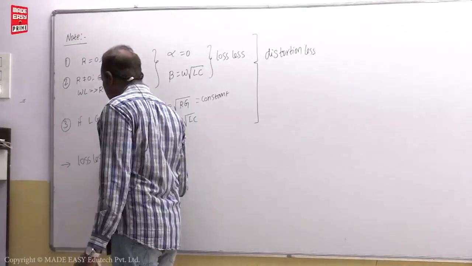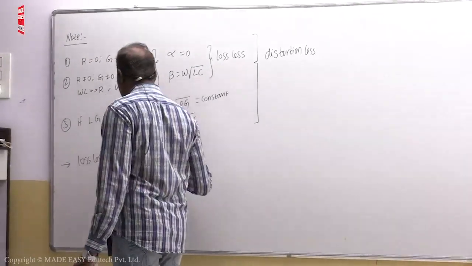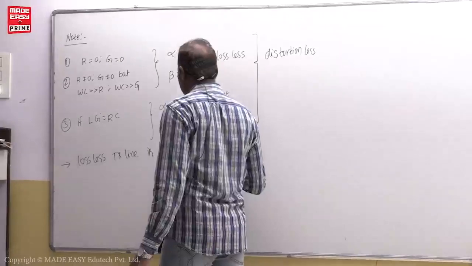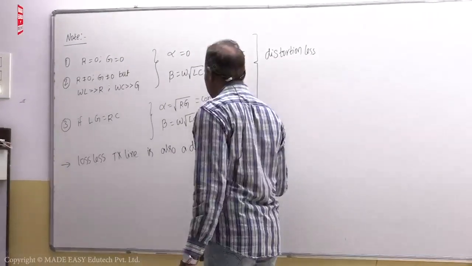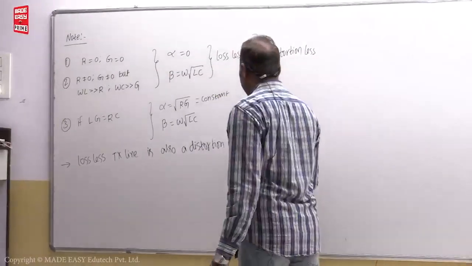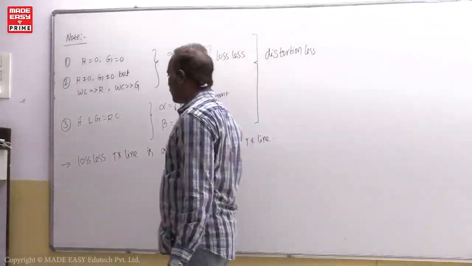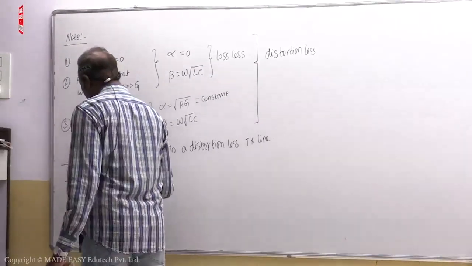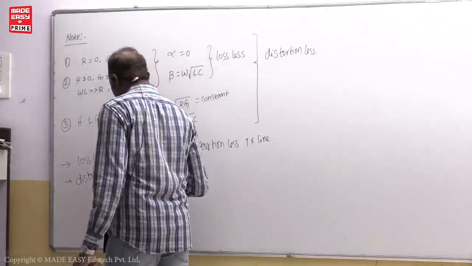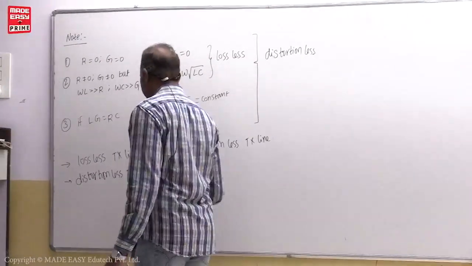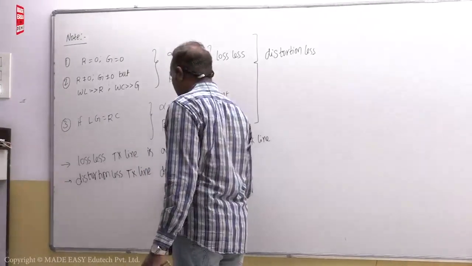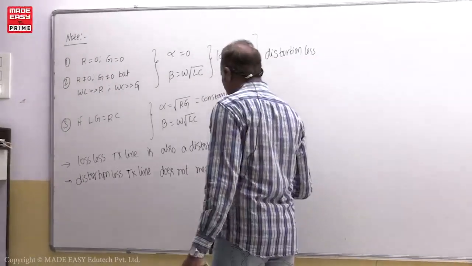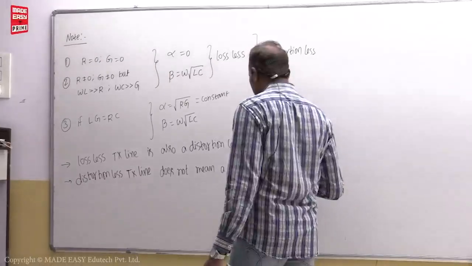So here I am writing: a lossless transmission line is also a distortionless transmission line. A distortionless transmission line does not mean a lossless transmission line.